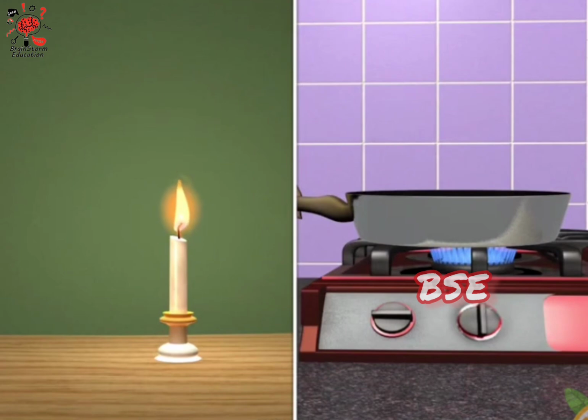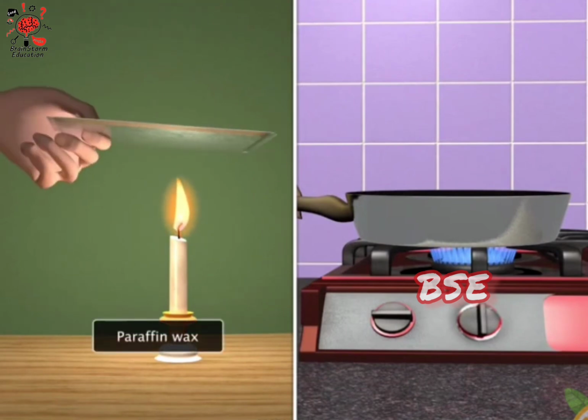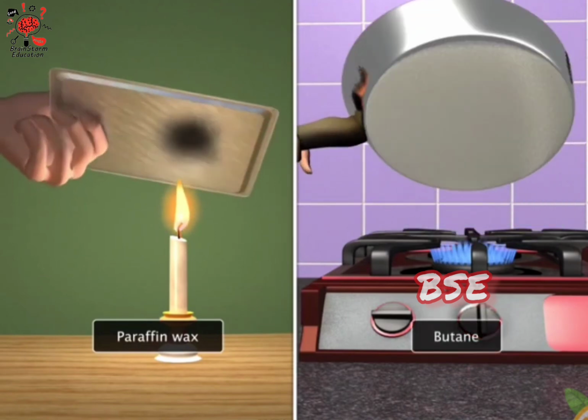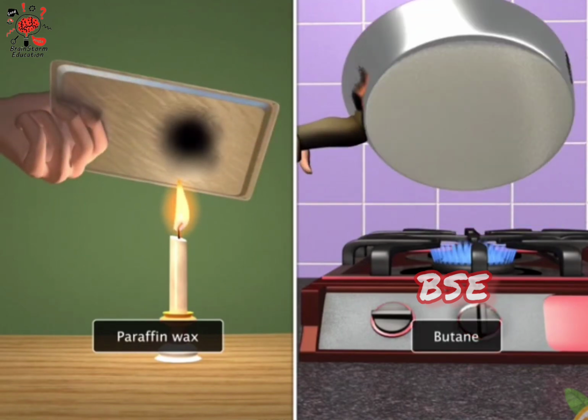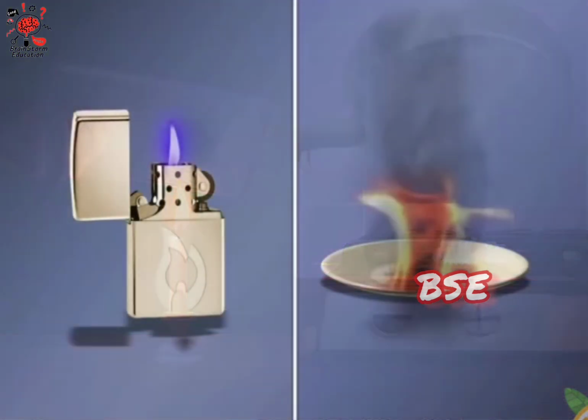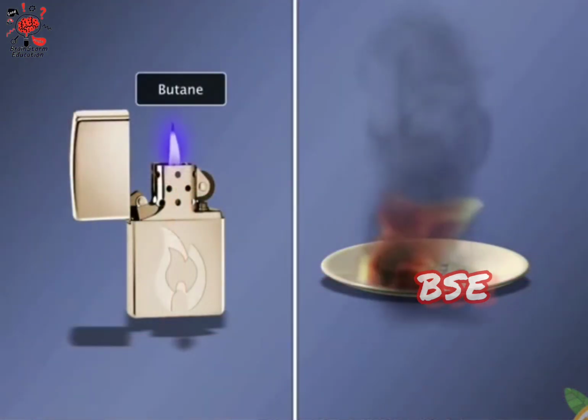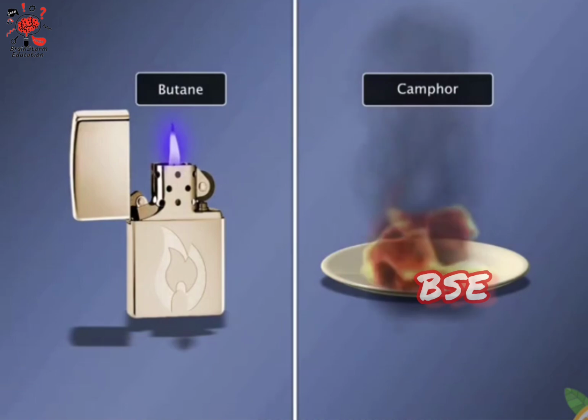Do all fuels burn in a similar way? No. Paraffin wax and gaseous alkanes such as butane burn differently. Is this difference characteristic of certain kinds of compounds?